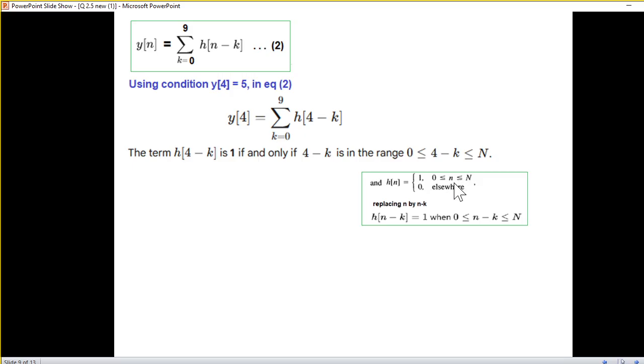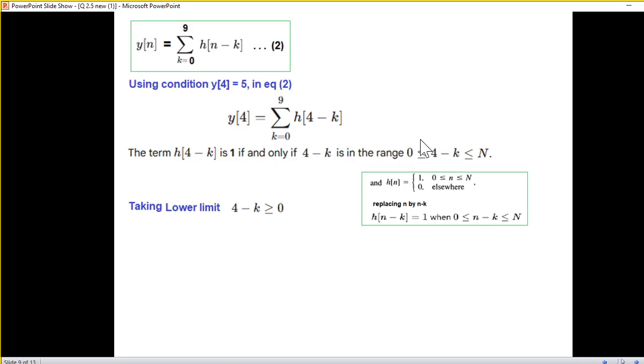Now you can see this is what we had found out in the previous slide. From h[n] we have found this, and this was the range. So this is the range for h[k], and from here we'll try to find out the value.